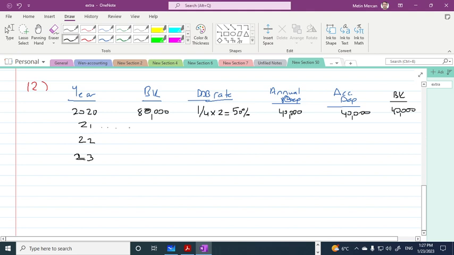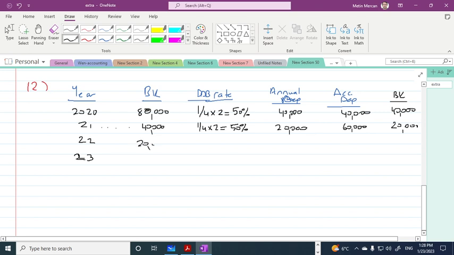So at the beginning of the second year, after the asset is purchased, the book value, the undepreciated amount of the asset, is $40,000. Again, you will use the same 50%. So the remaining 50% is $20,000. Then accumulated depreciation will be $60,000, and the book value will be $20,000.